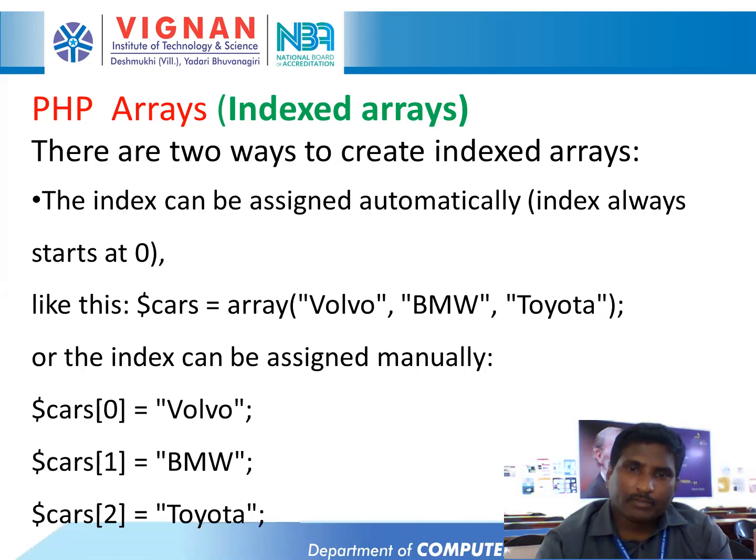So cars is a variable of type array. Suppose we are passing three strings in the array: Volvo, BMW, Toyota. Initially index 0 holds Volvo, index 1 holds BMW, and index 2 holds Toyota. In this way indexed arrays are declared.